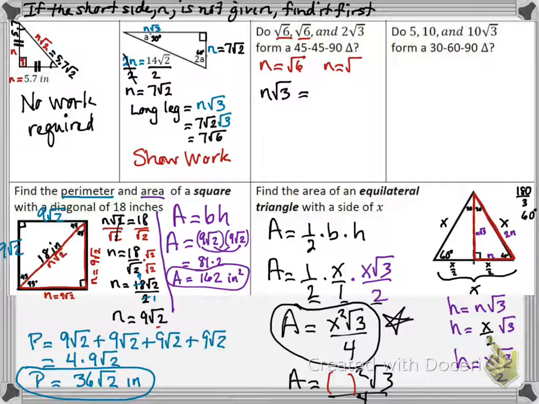And it has to be whatever I got for n times another root 3.